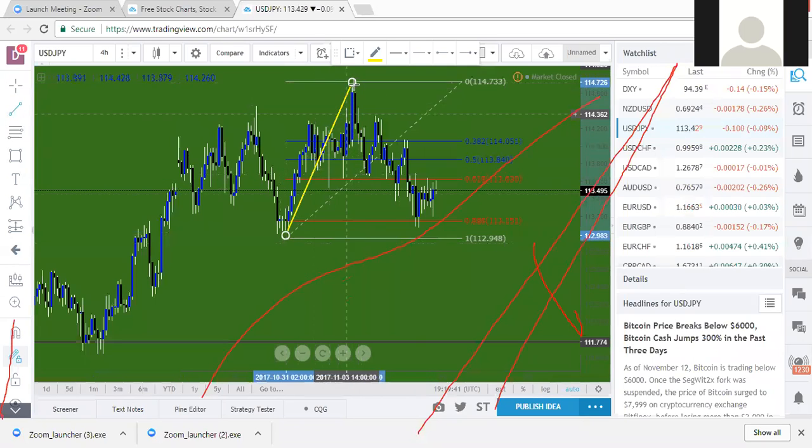Once we identify our X to A anchor leg, we look for price to pull back to the 50 but not touch the 618. And it actually doesn't touch the 618 right here. It comes close, but doesn't touch it, so I would call that valid. Once the B leg is considered valid, we begin to look for the C leg.